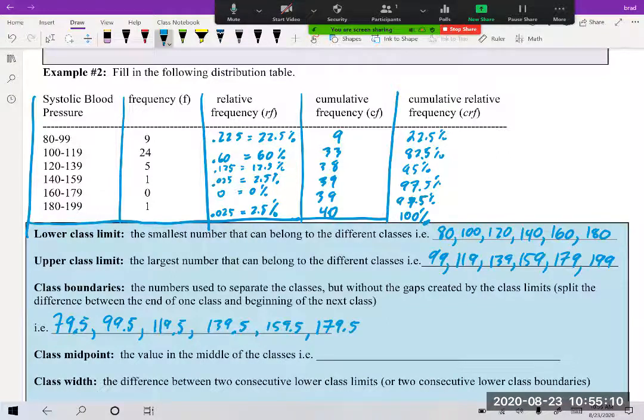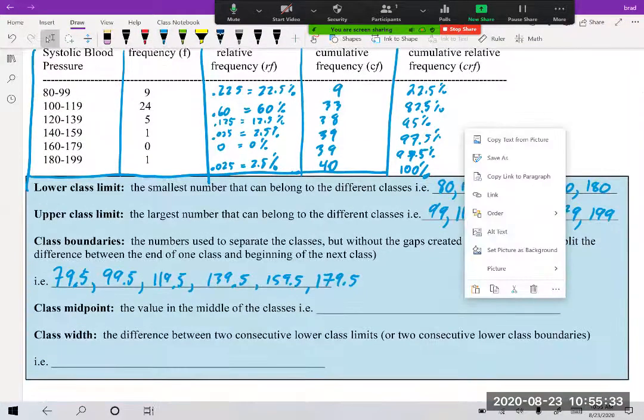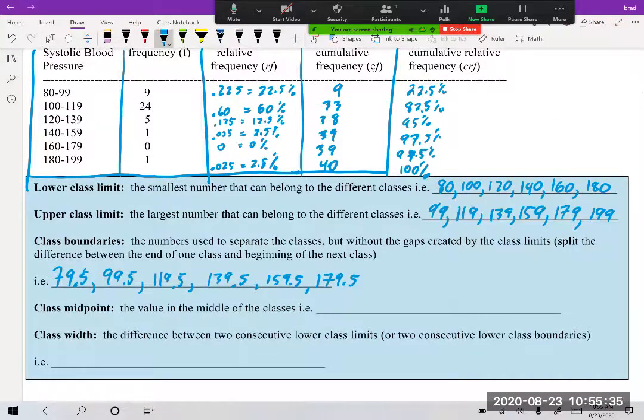All I'm doing is taking 179 and 180, adding them and dividing by 2. So I split the difference and it'll be 179.5. And I do that for each one. I take the upper class limit and the next category's lower class limit, add them and divide by 2, and these are the numbers I would get. But you don't actually have to do the math for it. You can see what's between: 139 and 140 would be 139.5.